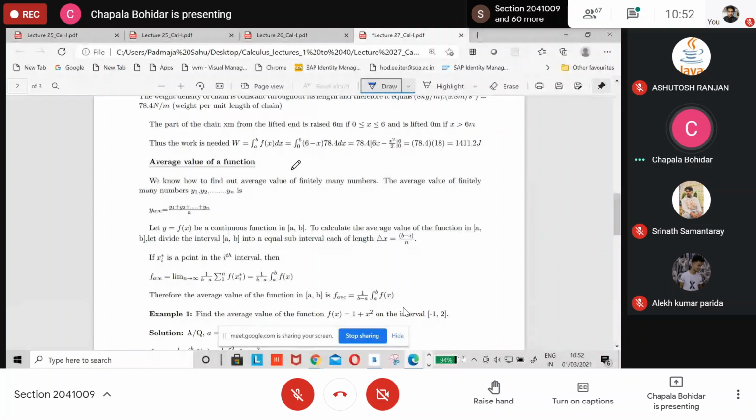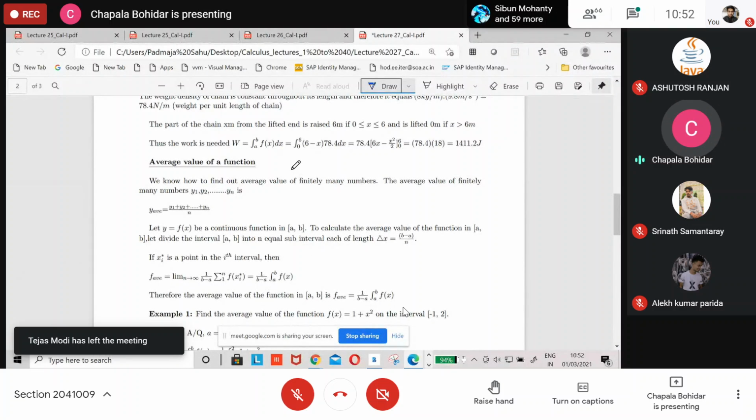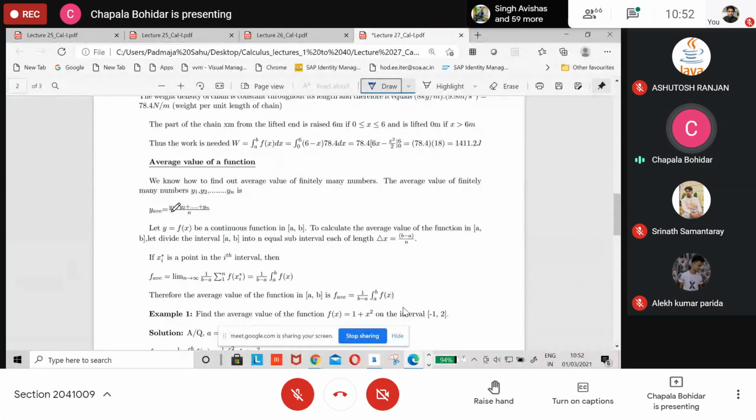If x1, x2, up to xn are numbers, then the average is x1 plus x2 up to xn divided by n. You know how to find the average value of finitely many numbers y1, y2, yn.